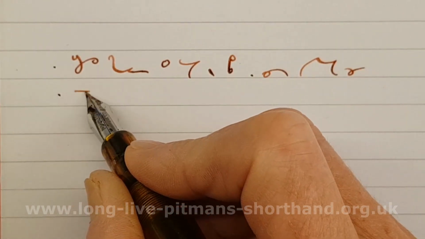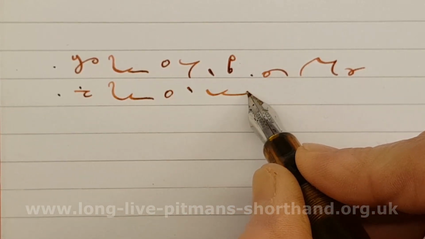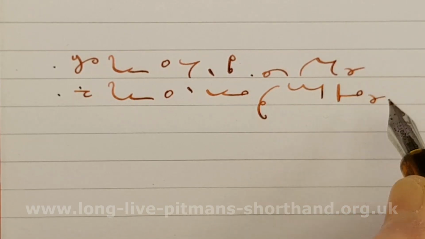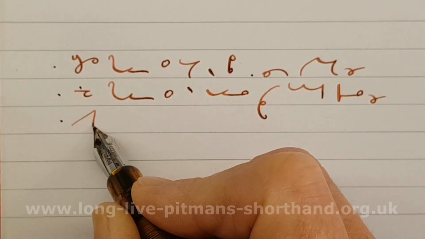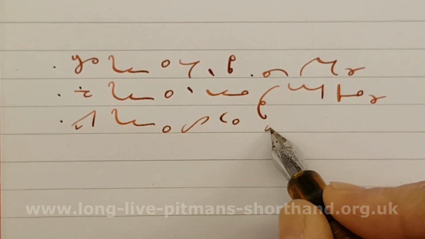An acute triangle has all angles less than 90 degrees. A right triangle is one that has one right angle.